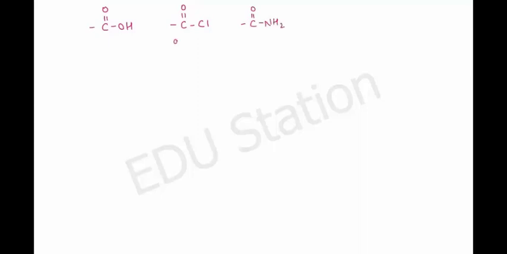So this is acid chloride and this is amide. And if you have C double bond O, O, R, where R is an alkyl group, it is ester.